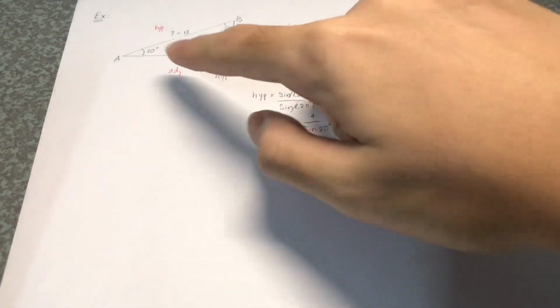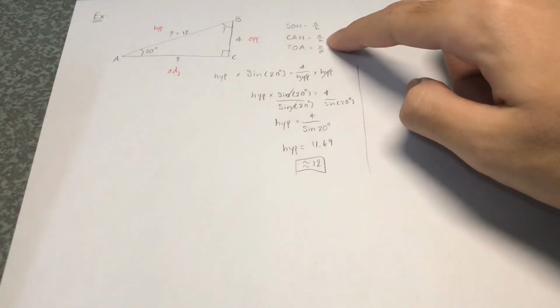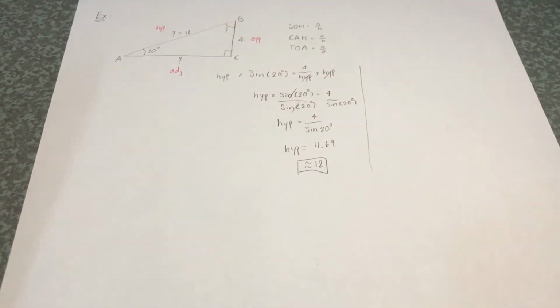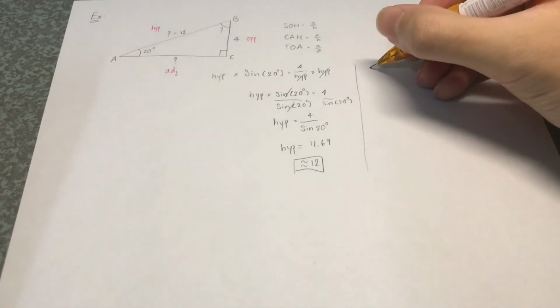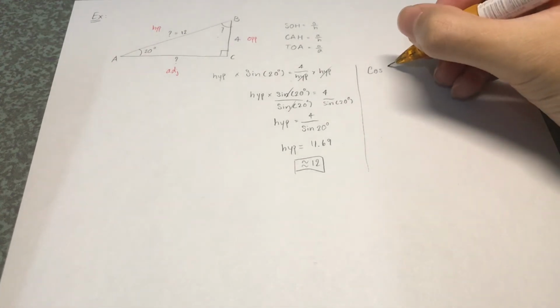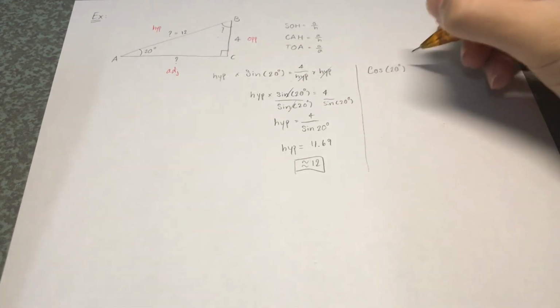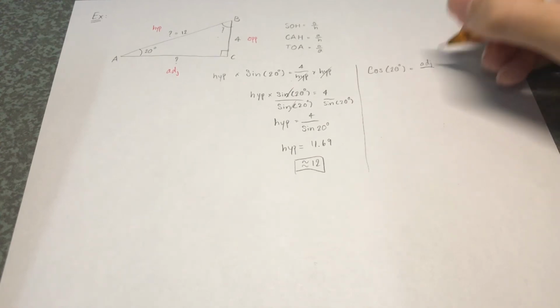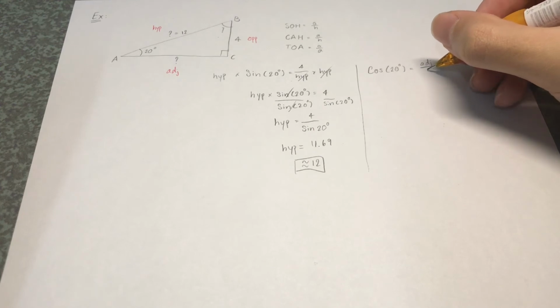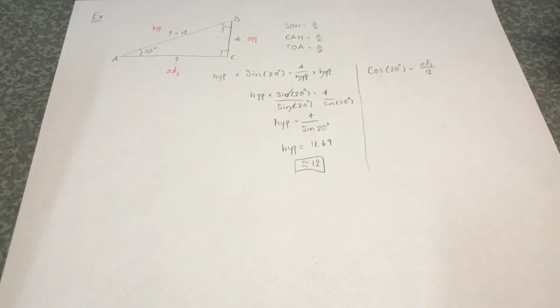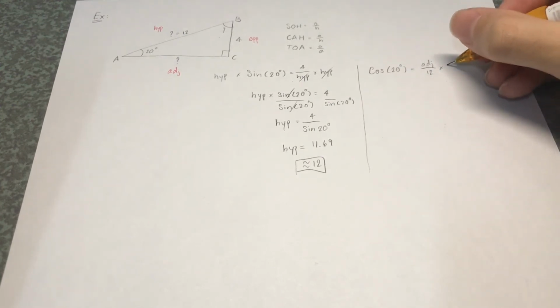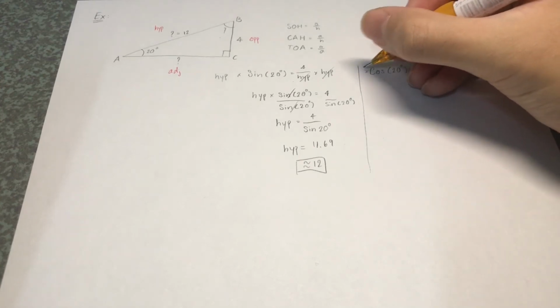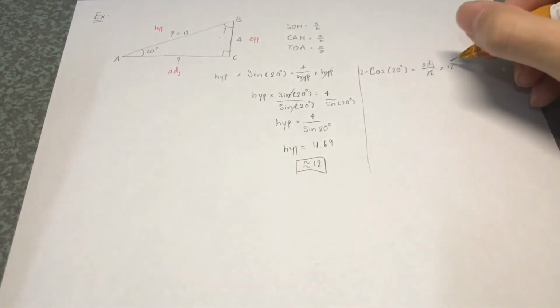To find the adjacent side, use CAH, adjacent over hypotenuse. Write cosine 20 degrees equals adjacent over hypotenuse, which is 12 that we got earlier. Then multiply both sides by 12. Cancel.